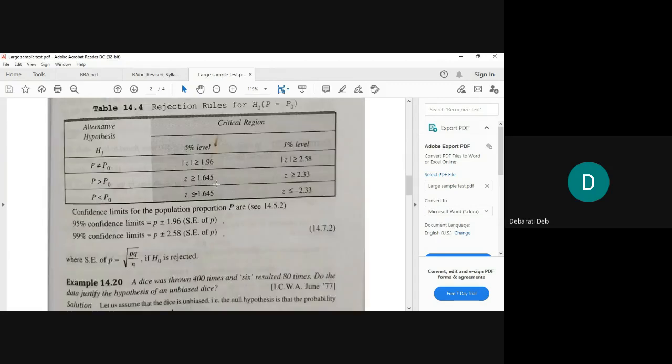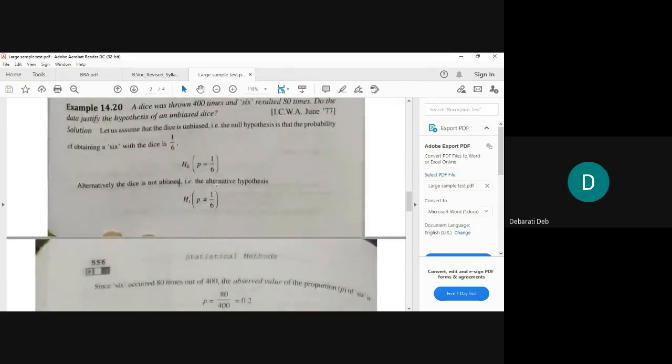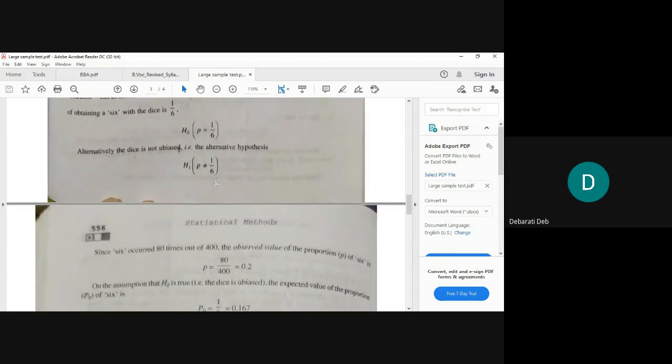We are expecting that the value of small p, that means the probability of occurrence of 6 in the dice thrown, should be 1 by 6, so that we can prove that the dice is unbiased. But the observation says that it is 0.2. How have we calculated that? We have simply divided 80 by 400, which gives 0.2.